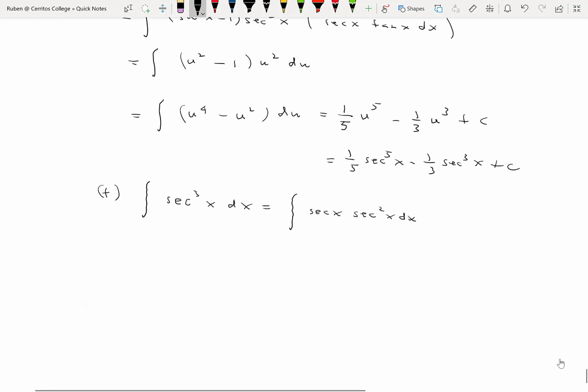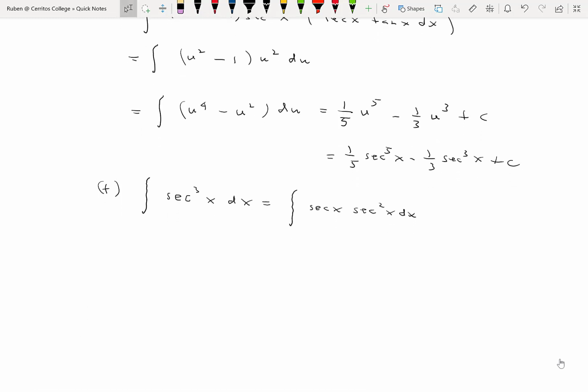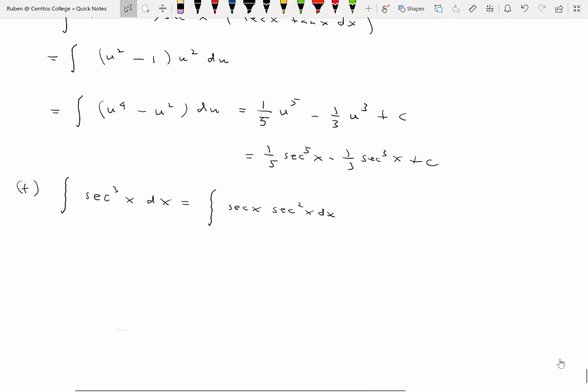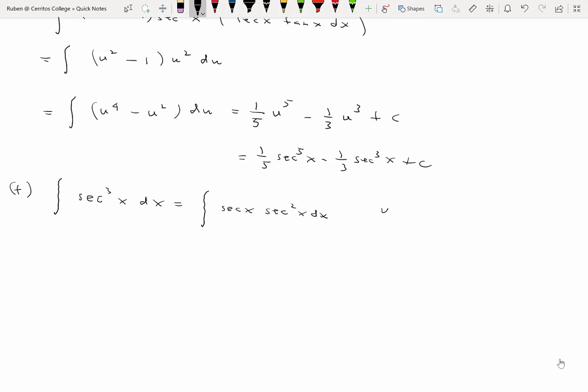Even if you haven't finished, it's okay. You can't use the LIATE device on this. It doesn't work. LIATE had logarithms, inverse trig, algebraic, which means powers, trig functions. It doesn't really work out here because they're both trig functions, secant and secant squared.